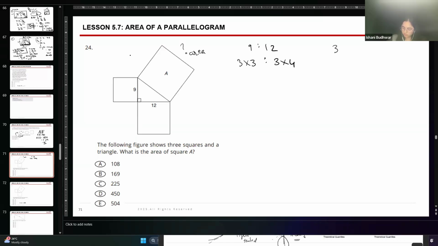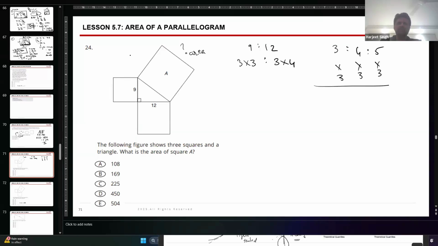We know that 3 is to 4 is to 5 is a triplet. If we multiply all three numbers by 3, we get 9 is to 12 is to 15, which means side A, side of square A is 15, which means area of square is 225.